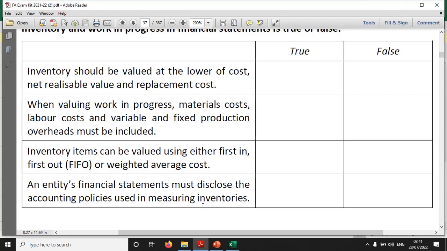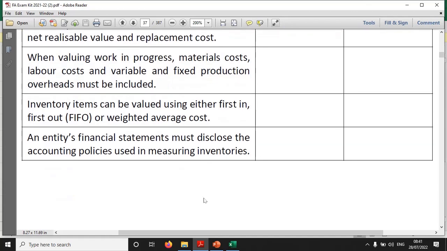Next. Inventory items can be valued using either first in, first out, FIFO, or weighted average. This is correct, right? Yes. What about the next one? An entity's financial statements must disclose the accounting policies used in measuring inventory. Why are you saying no? It should disclose.